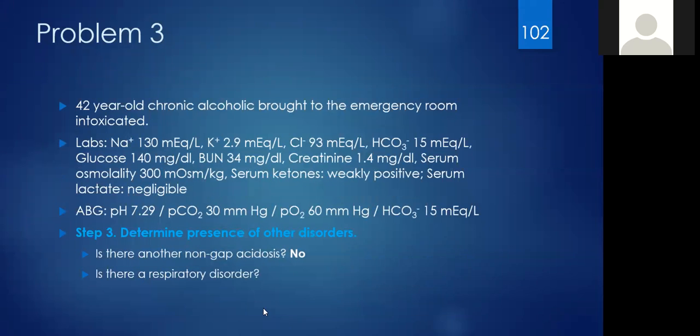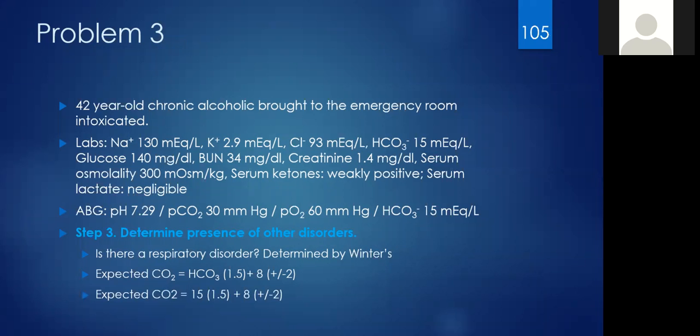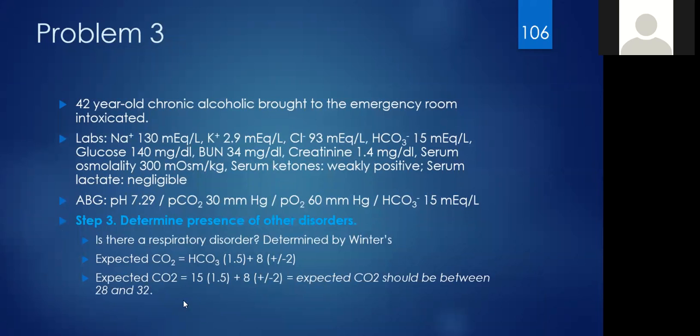So we've determined there's no other non-gap acidoses present. Now we need to figure out if there's a respiratory disorder present. As we talked about, we figure that out by using Winter's formula. We plug in our numbers to Winter's formula, which tells us our expected CO2 should be between 28 and 32.